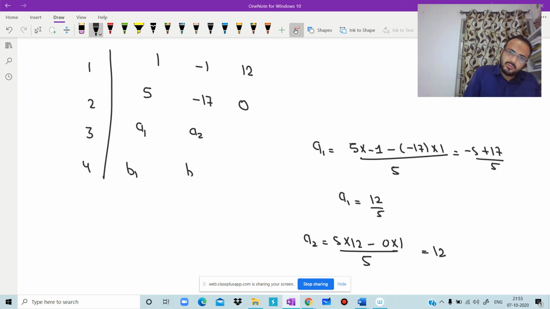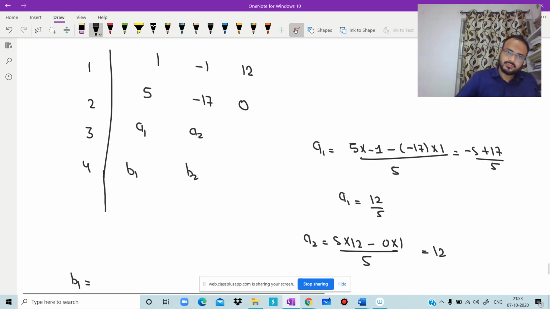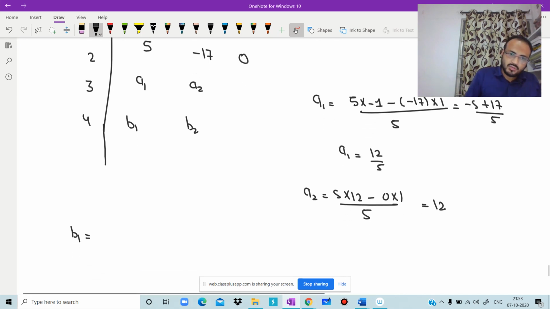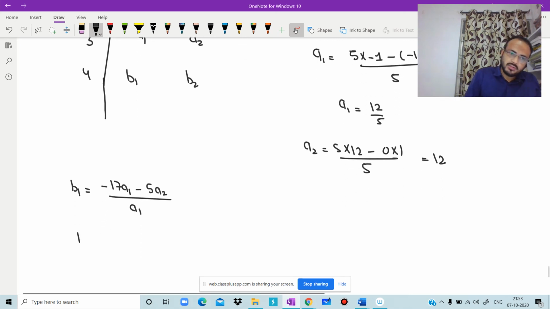Then calculate B1, B2. Then the value of B1 is this into this minus this into this divided by this: minus 17 A1 minus 5 A2 divided by A1. Put the value.